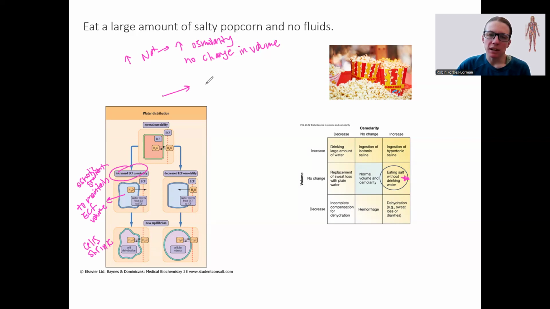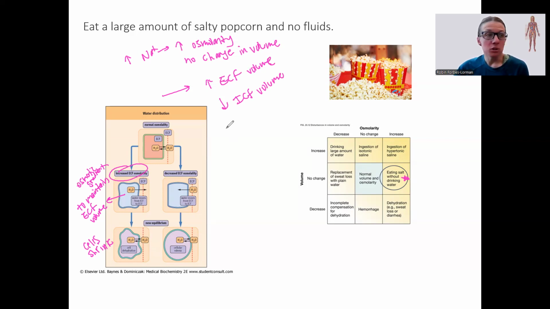So this means we're going to have an increase in ECF volume because we've pulled water to dilute down the salts that we ate. We're going to have a decrease in ICF volume. Not a big deal, you know?